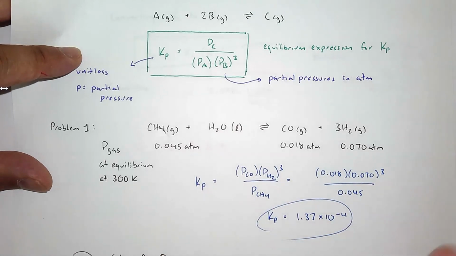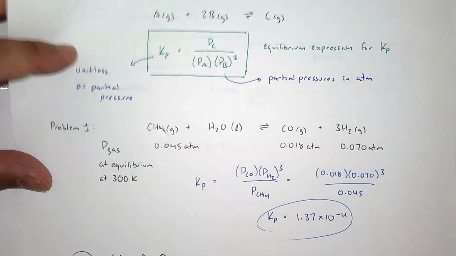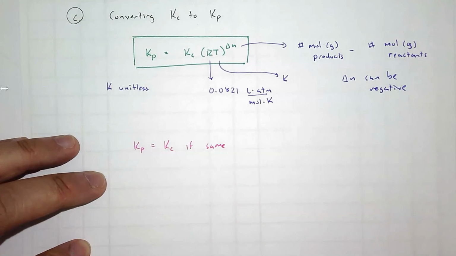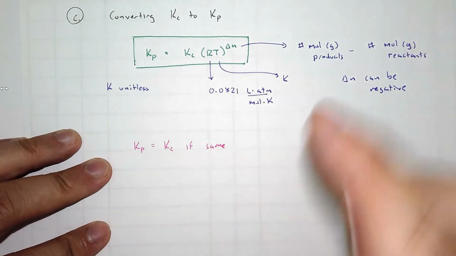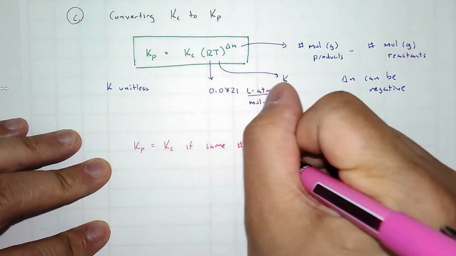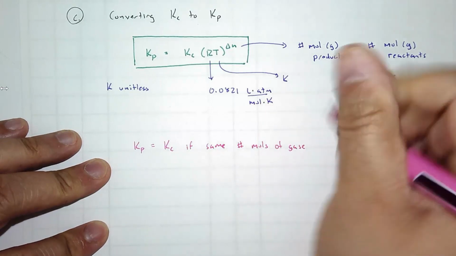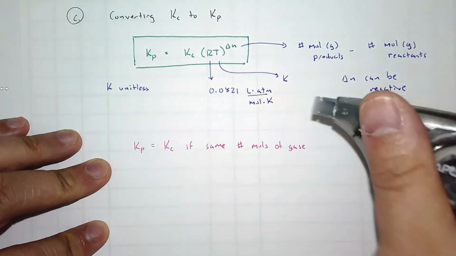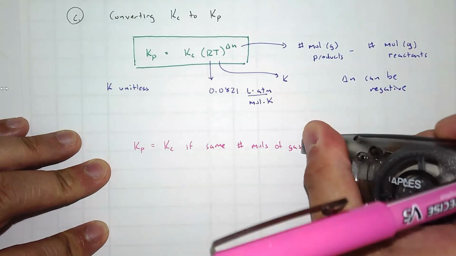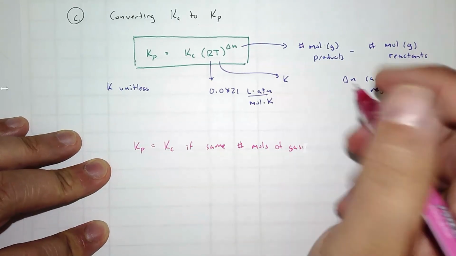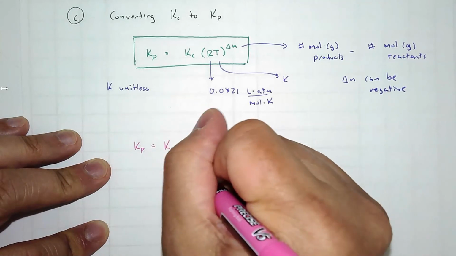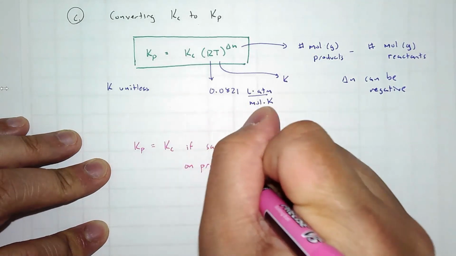Because something that's aqueous should be put in the equilibrium expression because it is changing as the reaction is headed towards equilibrium. Anyway, Kp equals Kc if there is the same number of moles of gas in the products and reactants, or you could say on the product side and reactant side.